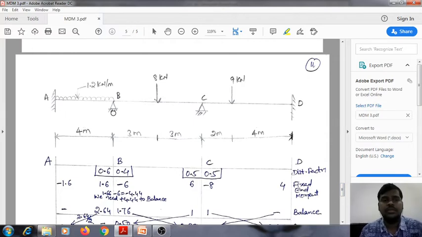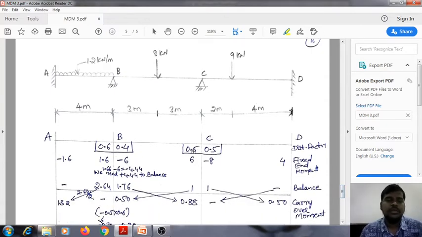I have drawn this 4 centimeters and this 6 and also 6, and accordingly I have applied the loads. Next, the first step is 0.6 and 0.4, 0.5 and 0.5. These are the distribution factors.